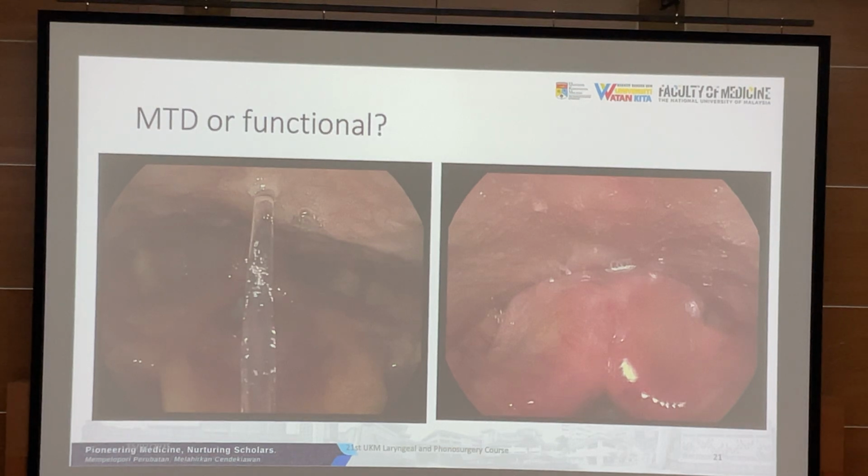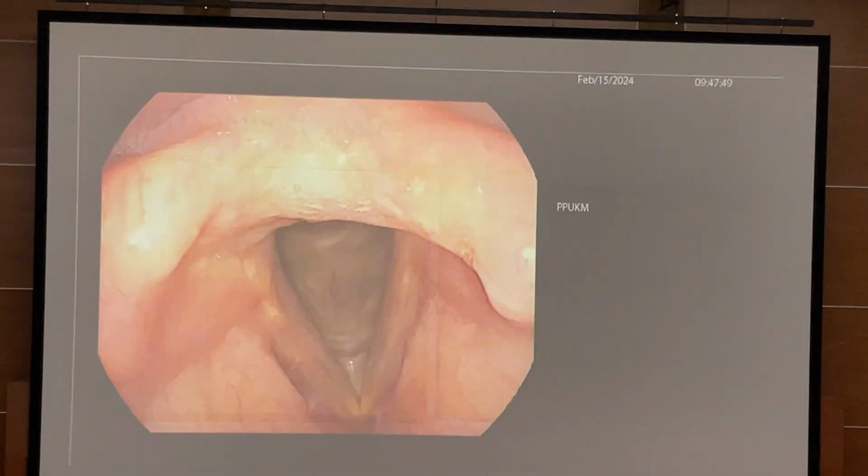The patient is not speaking properly. She forgot how to speak, and the larynx is in a locked position. So the stroboscopy not only helps you to rule out any structural lesion, any organic issues, but it also helps to diagnose functional voice disorder.